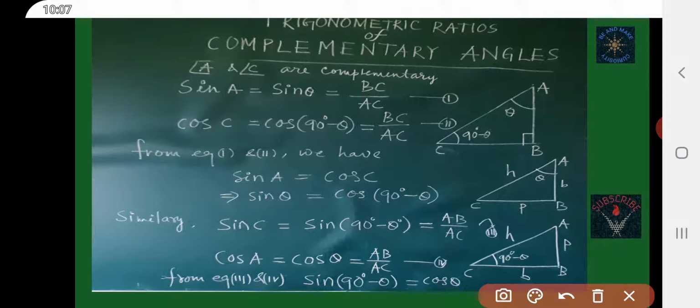And you know that here angle A is theta and C is 90 degrees minus theta. Okay. So sin A, for this angle A, perpendicular is BC, base is AB, hypotenuse H is AC.